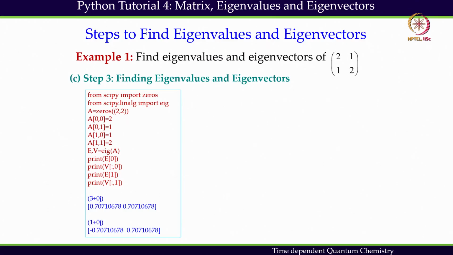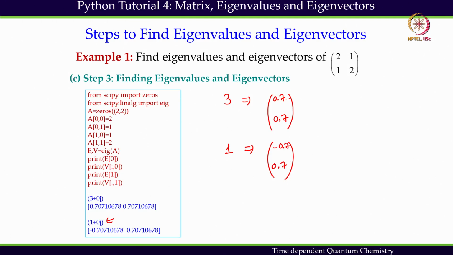Corresponding to the eigenvalue 3, I have this eigenvector, the right normalized eigenvector. The right normalized eigenvector is nothing but a column matrix, represented by 0.7, 0.7, and corresponding to the other eigenvalue, I have another column matrix which is minus 0.7 and 0.7.